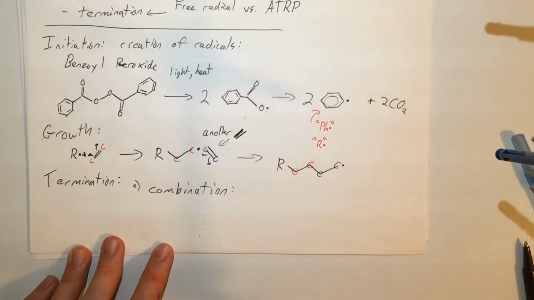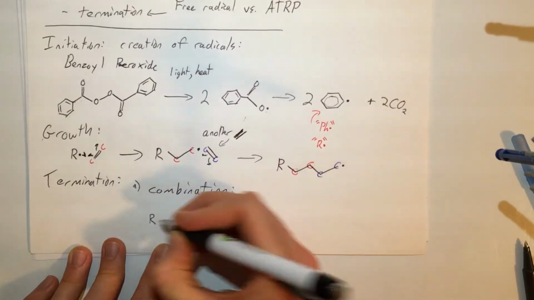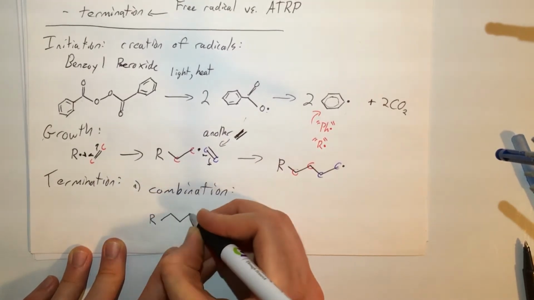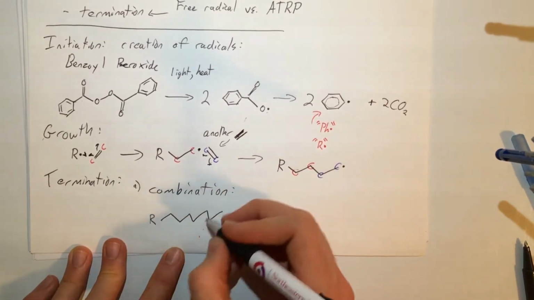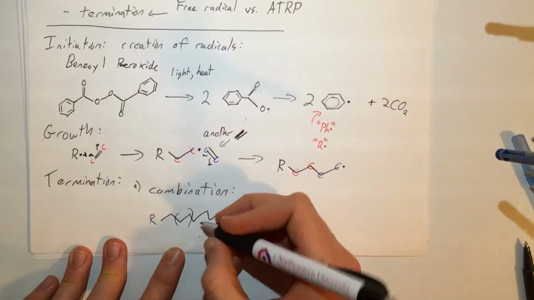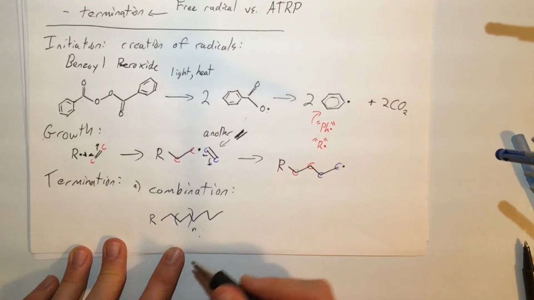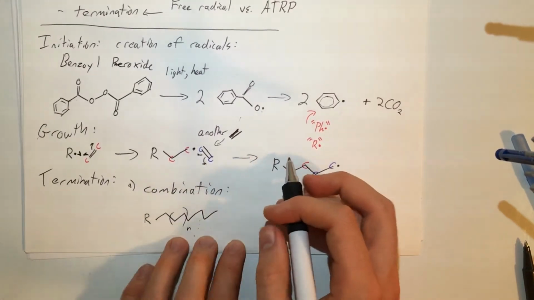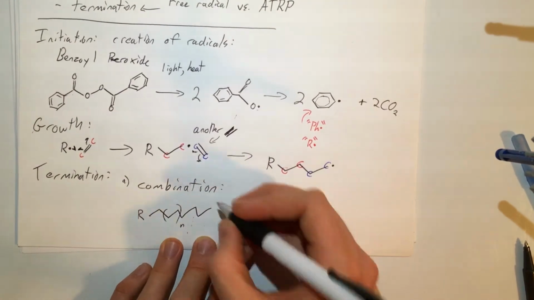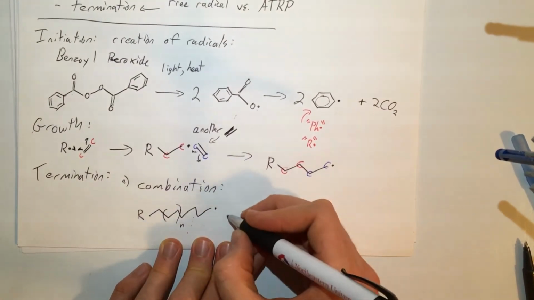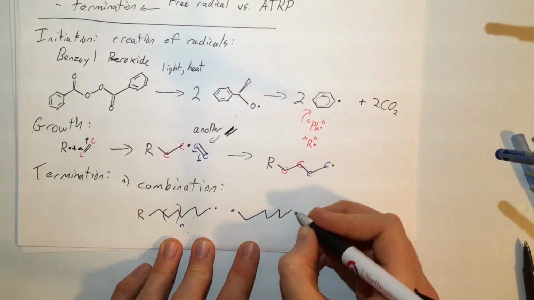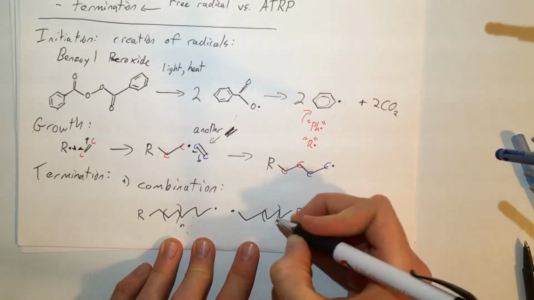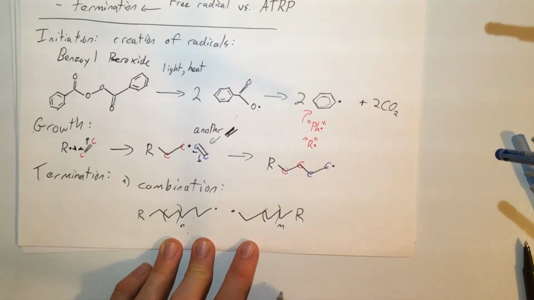So what happens with combination? Well, we could have a radical group and some number of polyethylene monomers. We might, for example, say we have N on one chain, and there's a free radical on the end. Simultaneously, there's some other polymer chain that maybe has M monomers in it.